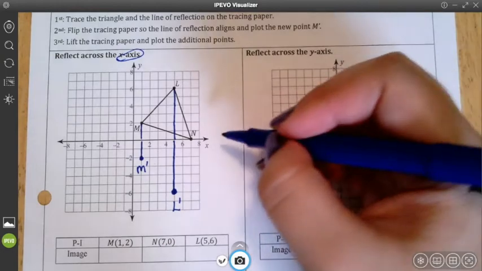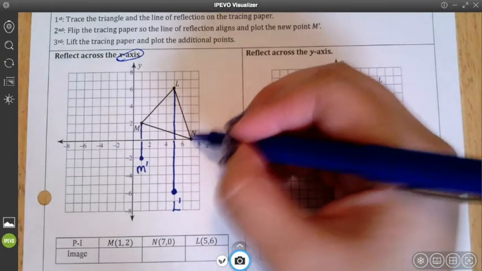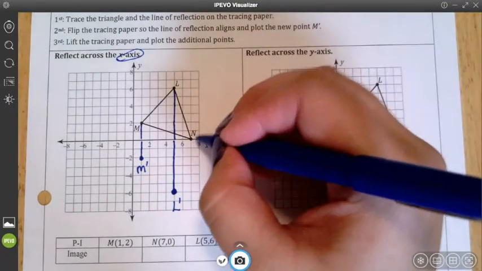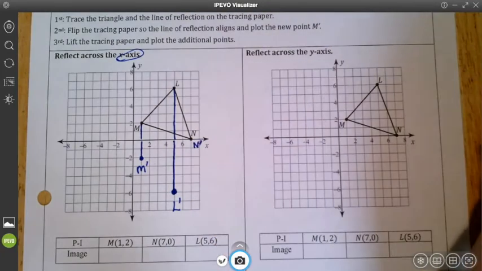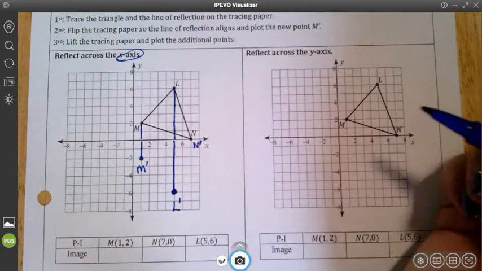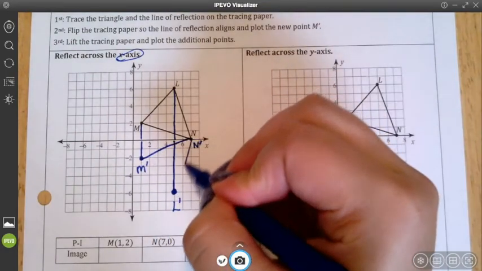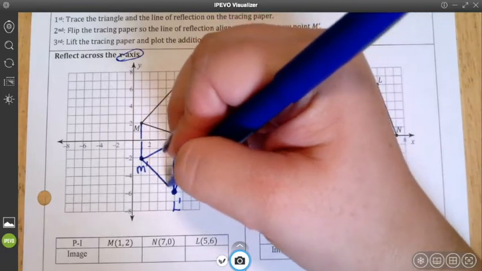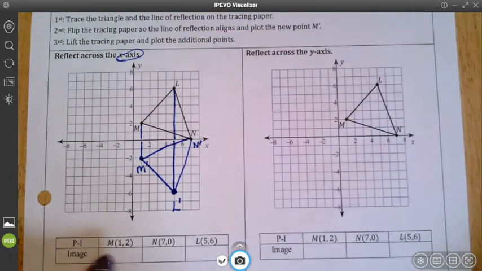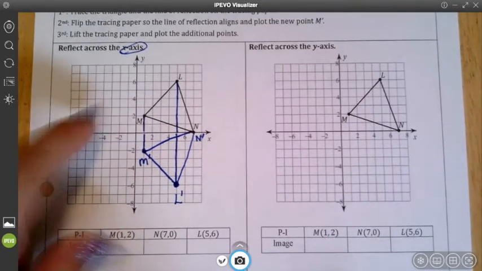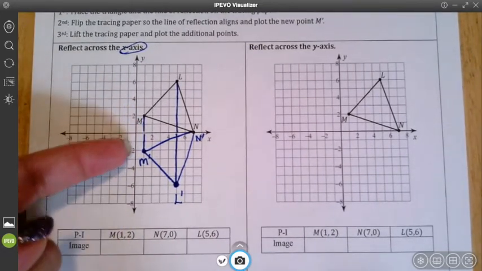Now N is a special case because the distance from N to the x-axis is 0, and therefore it just stays. And that is N prime, doesn't move because it was already on the line of reflection. And so here we have our triangle, M prime, N prime, L prime. So for our image, point M started at 1, 2, and it moved to 1, negative 2.